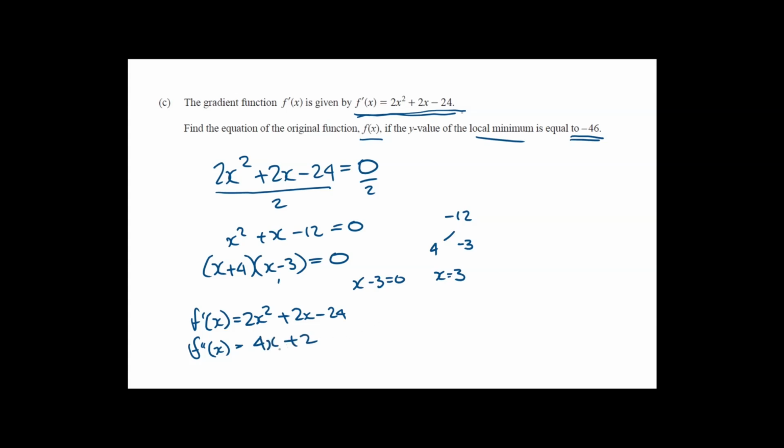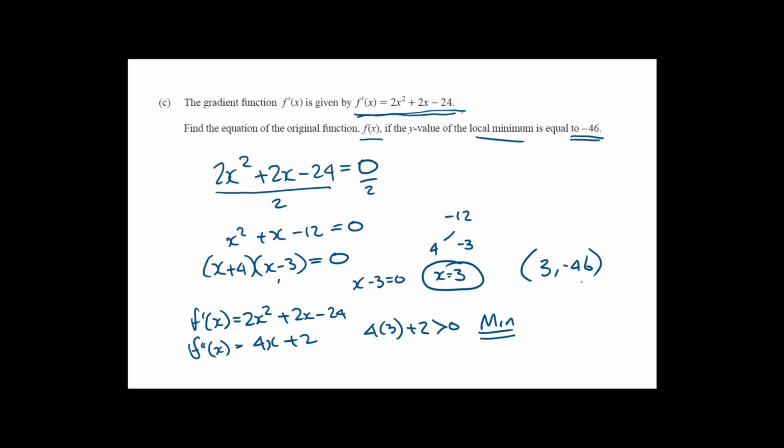And if we put in 3 in here, it's going to be 4 times 3, which is 12, plus 2, which is a number greater than 0. So that's the minima. The minima is when x equals 3, and we know it's at minus 46. So there's a minima at (3, minus 46).